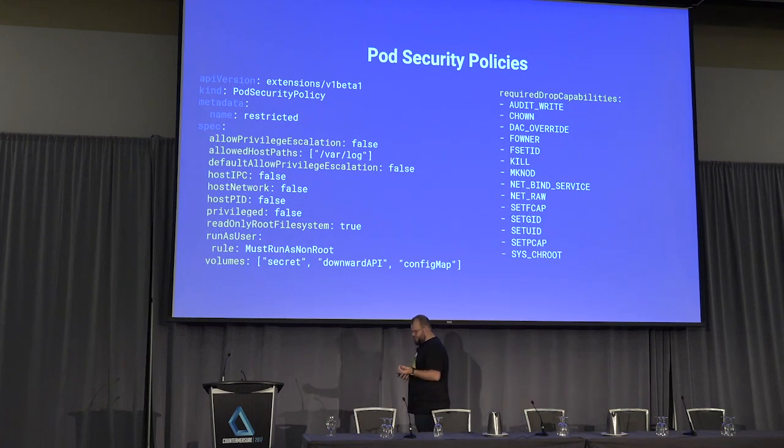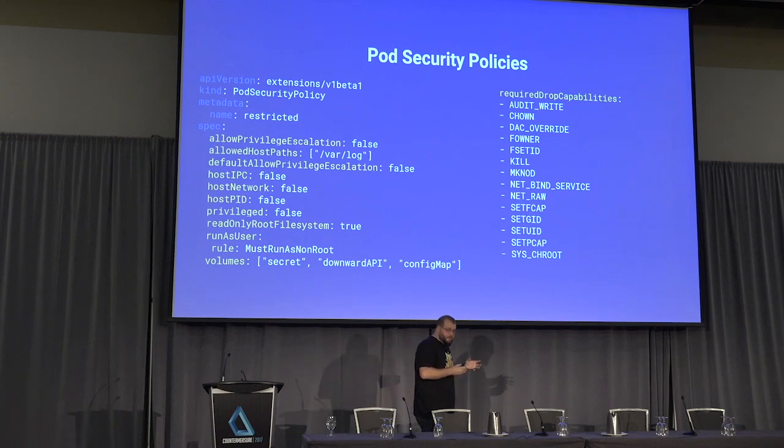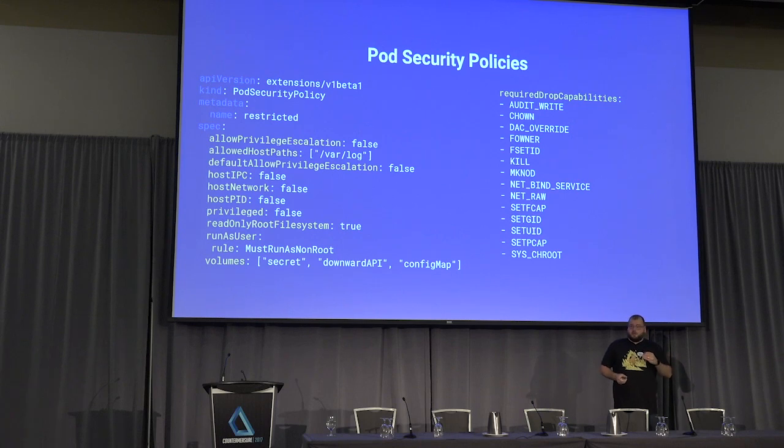In like Linux 2.6 or something like this, they created the ability to break down the privileges that root has available to it into what's called capabilities. And then because of the abstractions that are provided to us through Docker and Kubernetes, we can then drop specific capabilities. It's important to note that Docker doesn't do all this by default. Defaults are not okay. So these are the capabilities that are actually allowed by default in Docker containers.